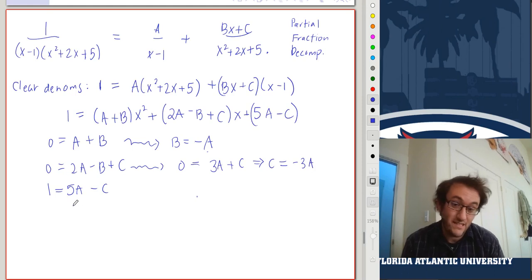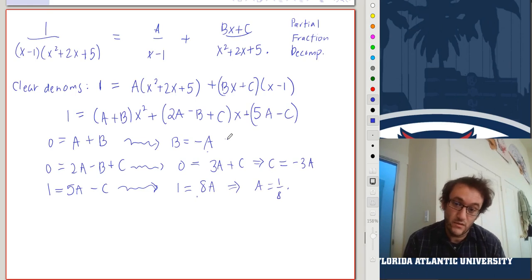And we can put that into the last equation to obtain 1 equals 8a, which means a equals 1/8. In turn, b equals minus 1/8, and c equals minus 3/8.